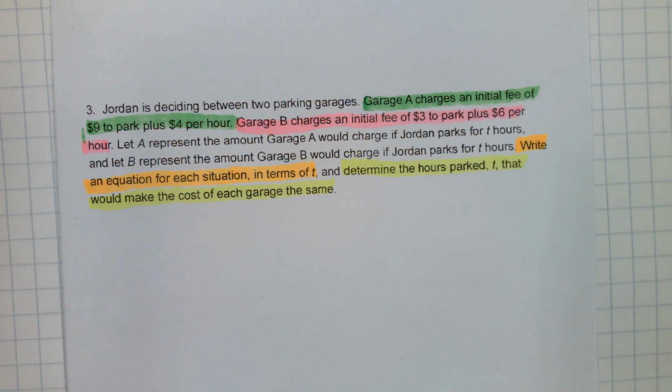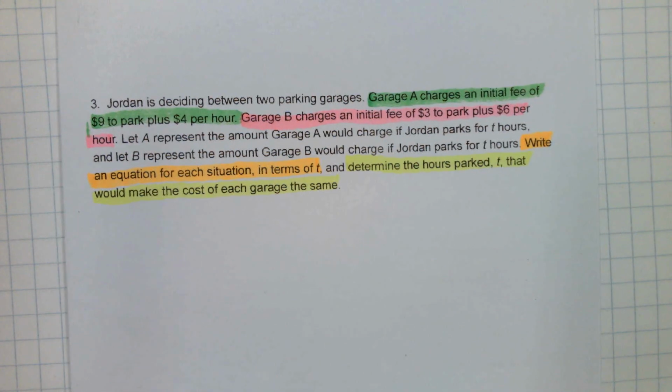It's called the break-even point in economics and stuff, where one thing equals the other, or one value equals the other. Okay? And that's what we want to figure out. When you would pay the same in either one of the garages.